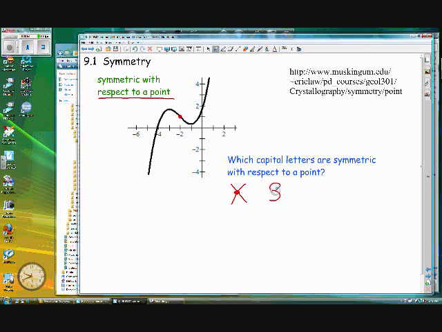See if you can think of any others which are symmetric with respect to a point. So for this second half of 9, when you come in, you're going to show me what you came up with. You can pause this for a moment if you want to take a minute.